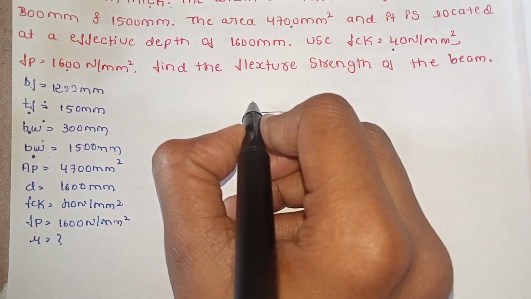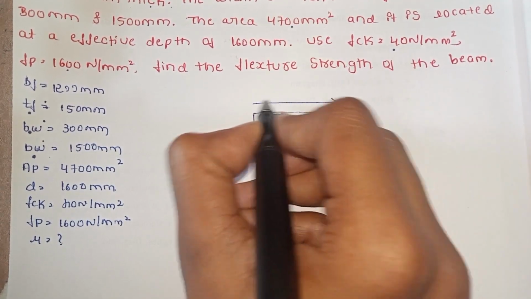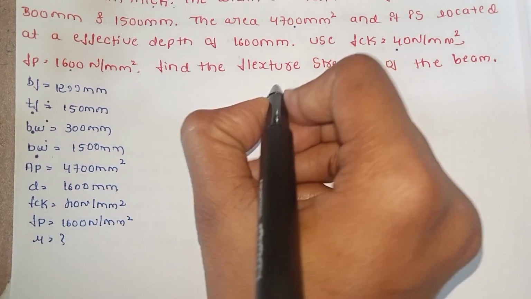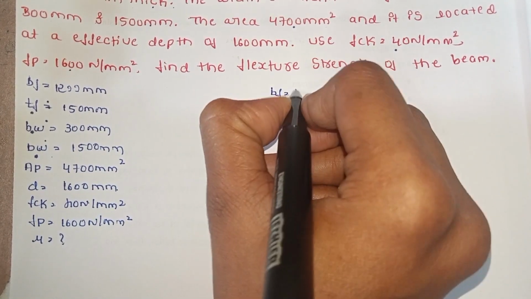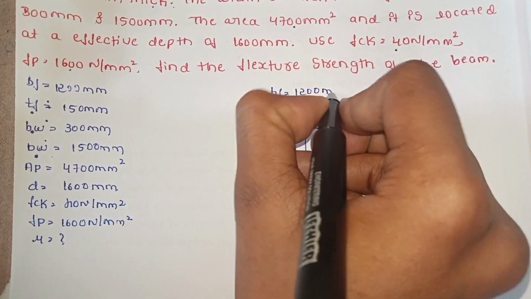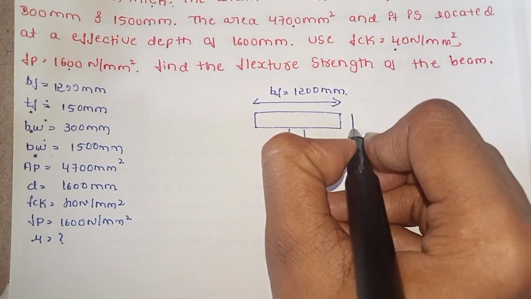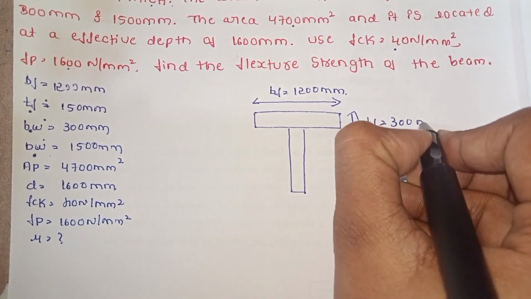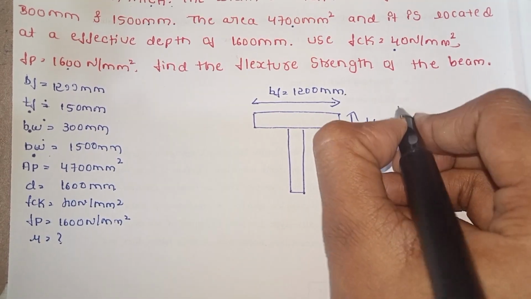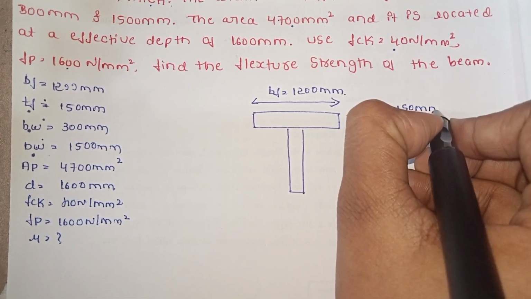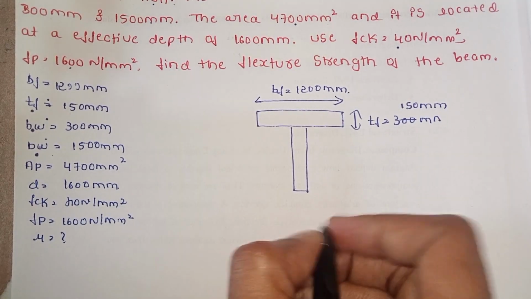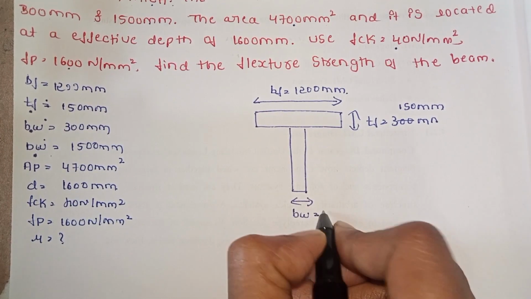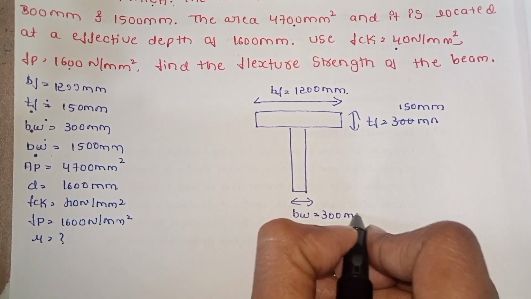This is the T beam. Width of the flange BF equal to 1200 mm. Next, thickness of the flange TF equal to 150 mm. Next, BW, width of the web, equal to 300 mm.